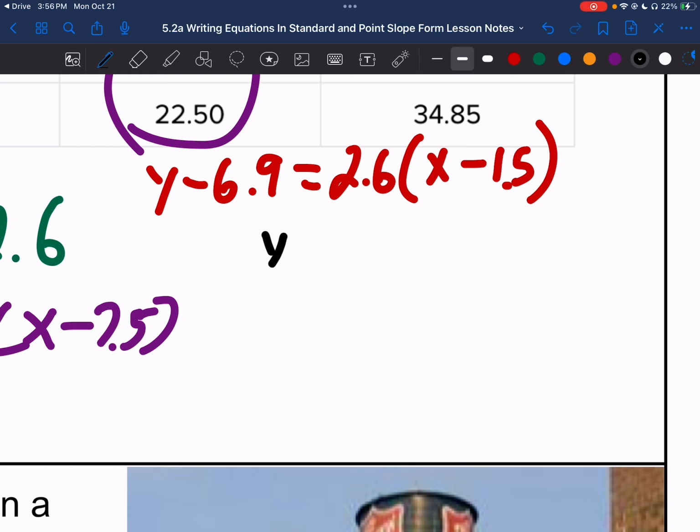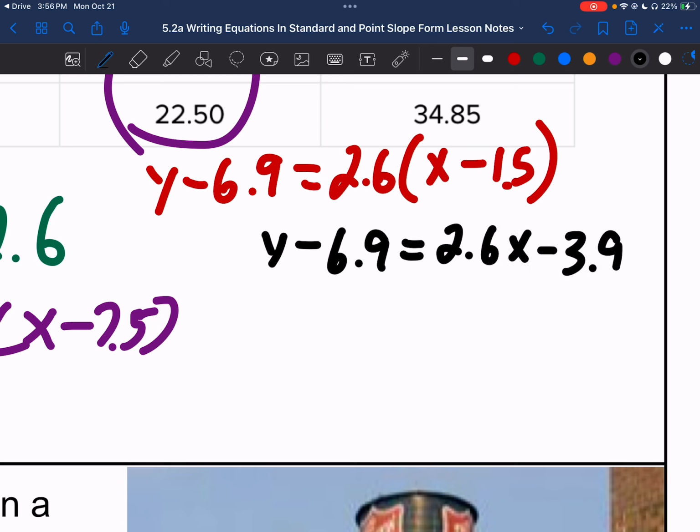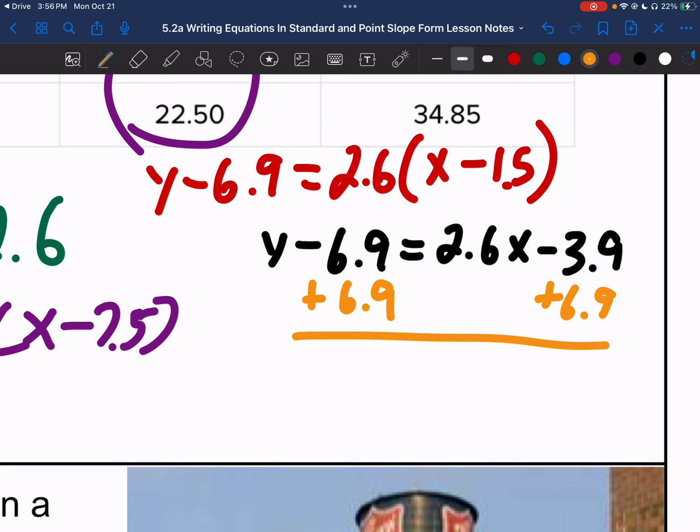I'm going to get y minus 6.9 is equal to 2.6x minus 3.9. Then I'm going to add 6.9 to both sides, and I'm going to get that y is equal to 2.6x plus 3.